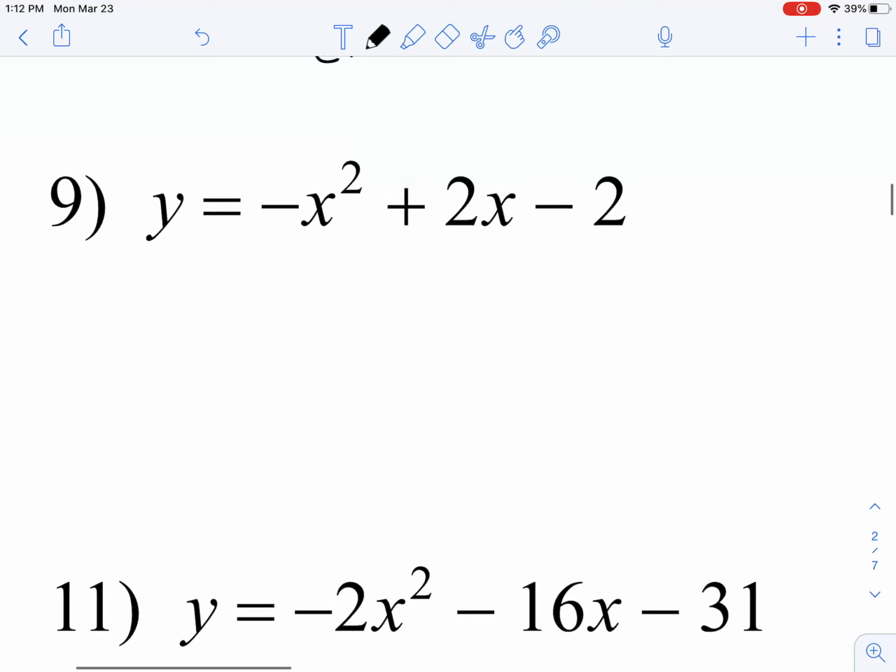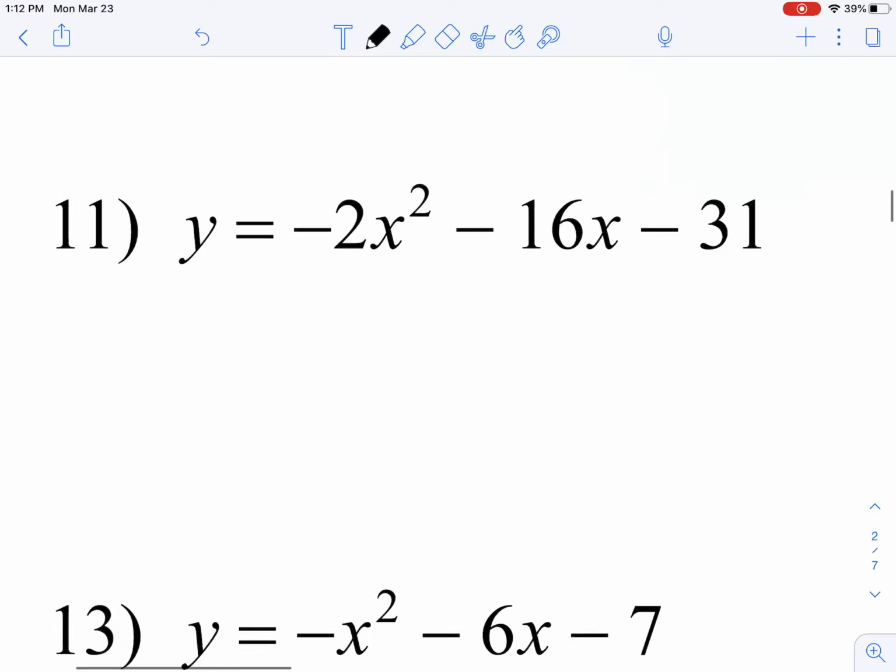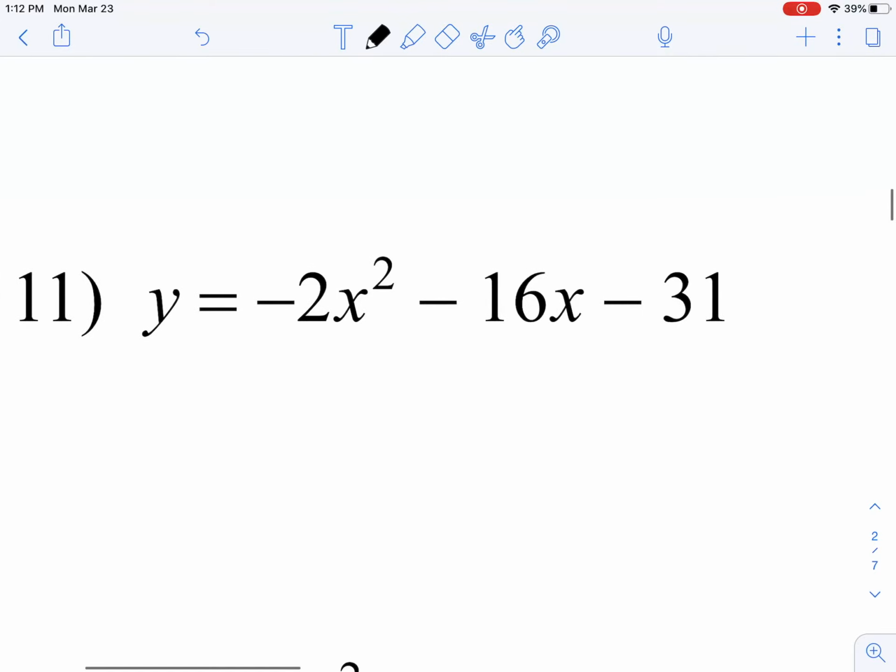Another way to label these, we could write it above. A is -1, B is 2, C is -2. And you'll see me writing them above in the upcoming problems. It doesn't matter how big the numbers are, they all correspond.